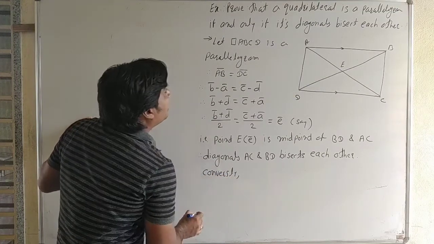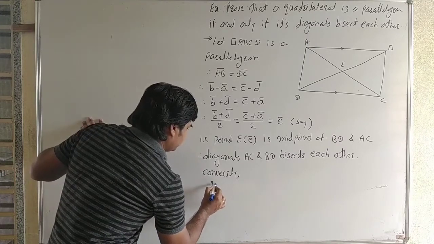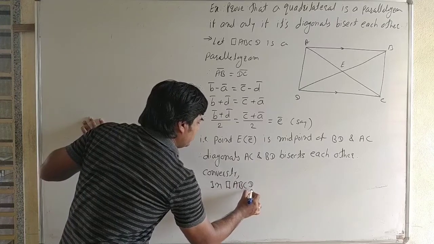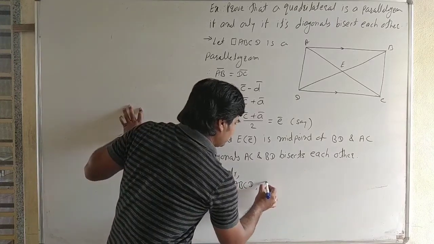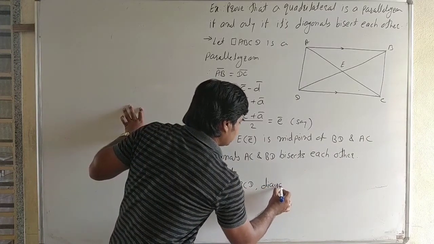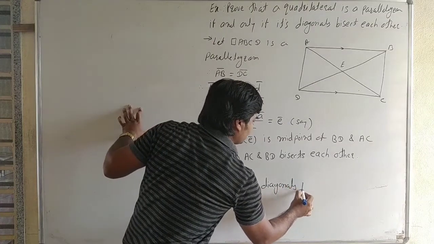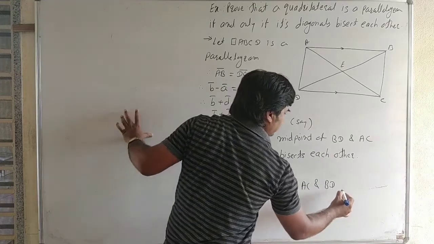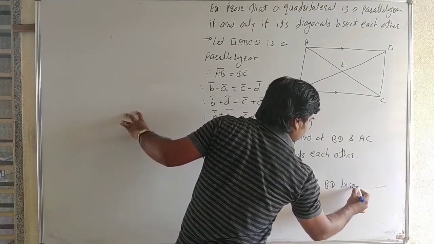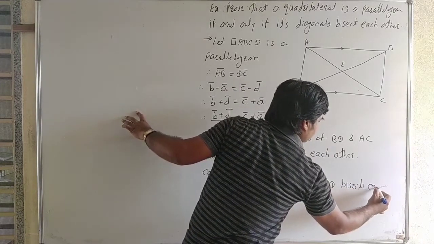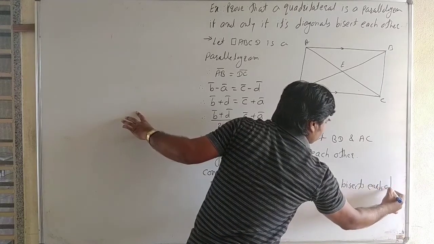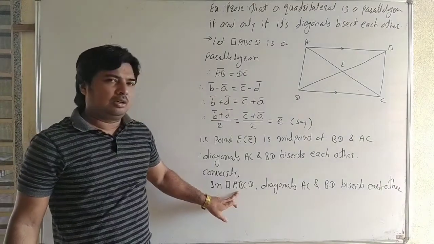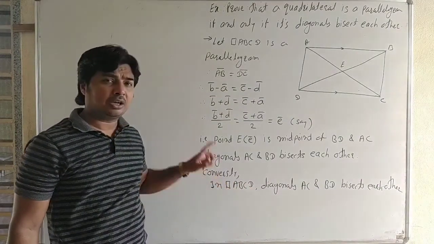Here in quadrilateral ABCD, diagonals AC and BD bisect each other. Here it is only a quadrilateral, and we have to prove it is a parallelogram.